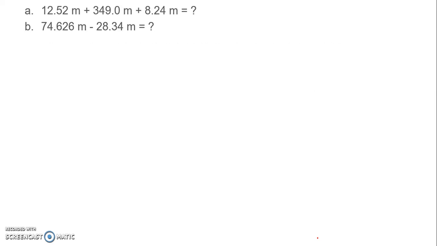Let's take a look at this example. Example 8A: you look at the number of decimal places. This is 2 decimal places, this one has 1 decimal place, and this one has 2 decimal places. So your answer would be rounded to 1 decimal place.